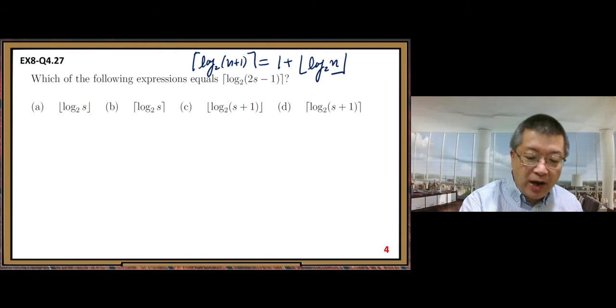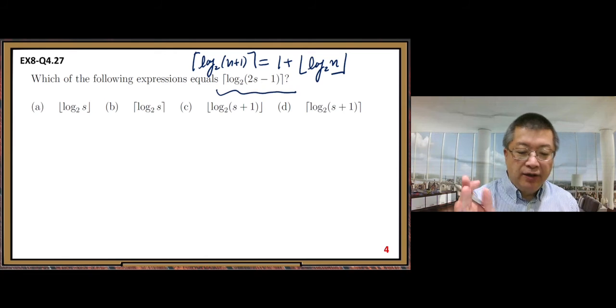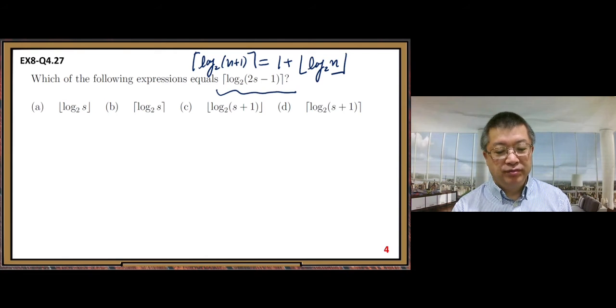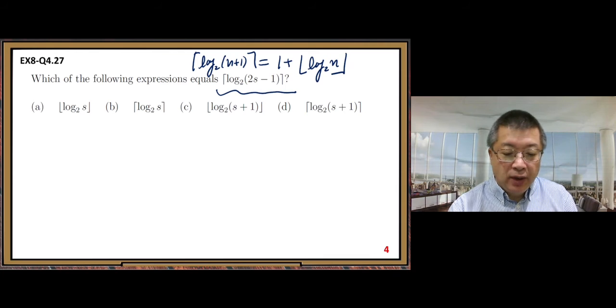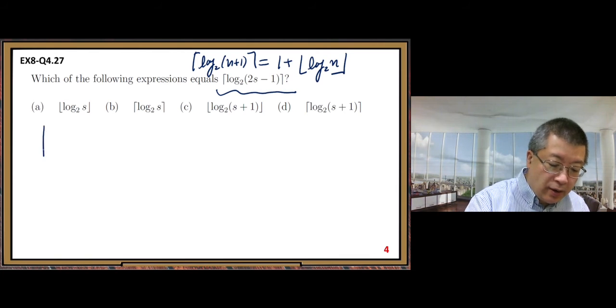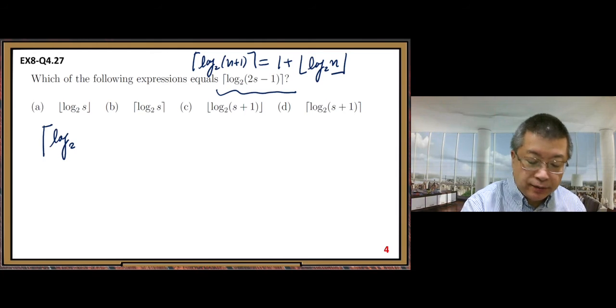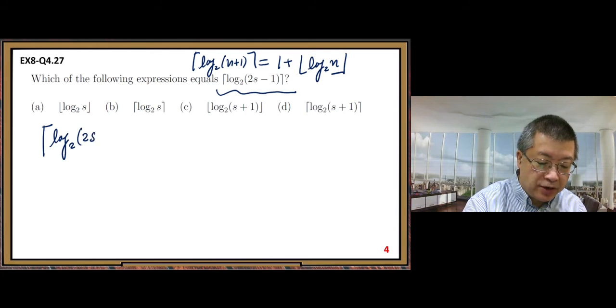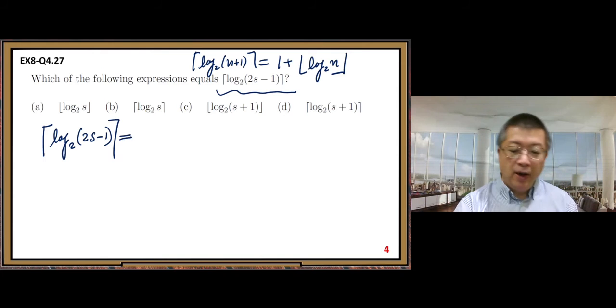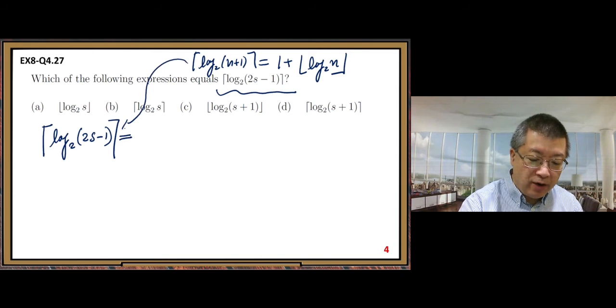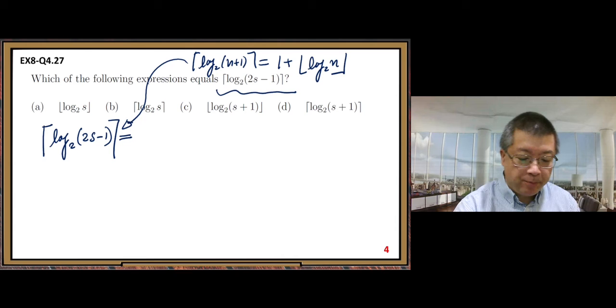With that formula, let us simplify this expression. Starting with the ceiling function, 2s minus 1, we apply that formula the first time.